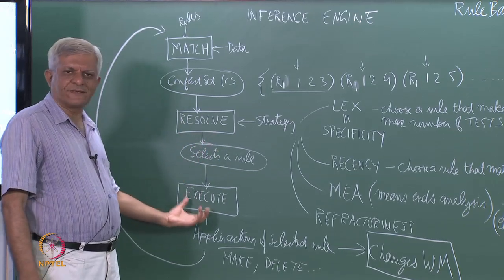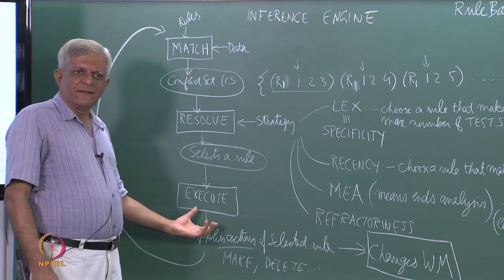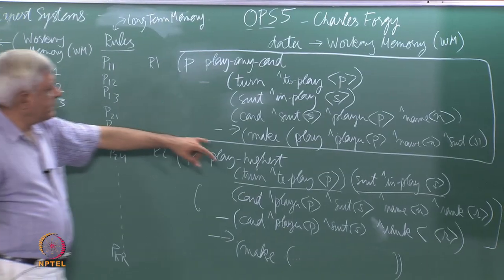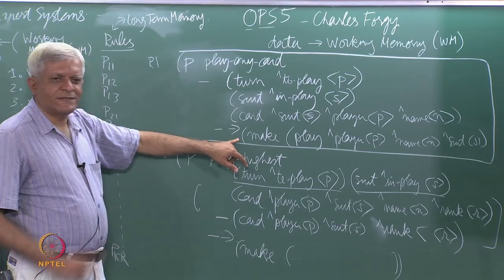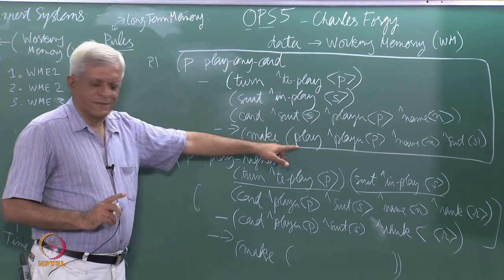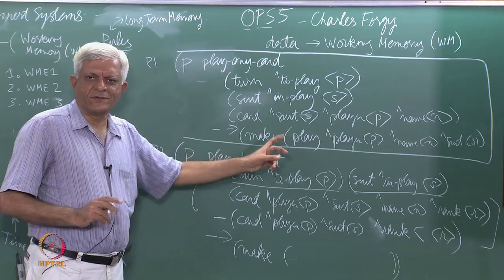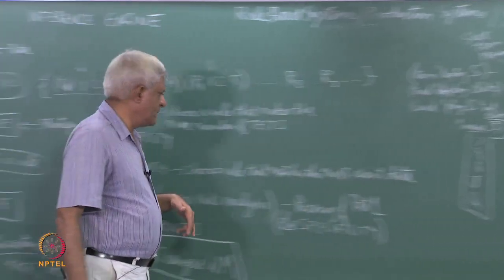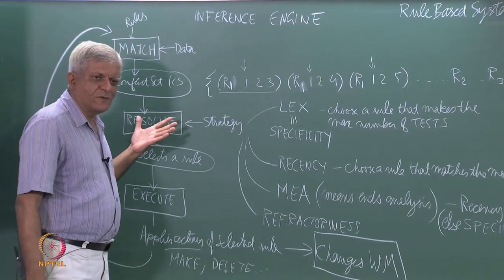Look at the complexity of each of the tasks. Look at this task, execute. What is it doing? In this example, the right hand side has only one action, which is to add one working memory element. So, you can see it is a little bit of work. What does resolve have to do?